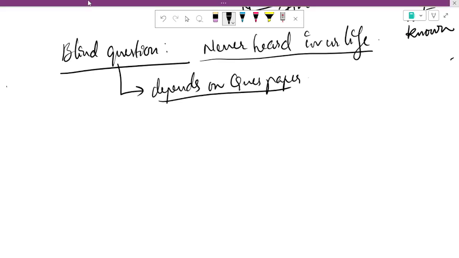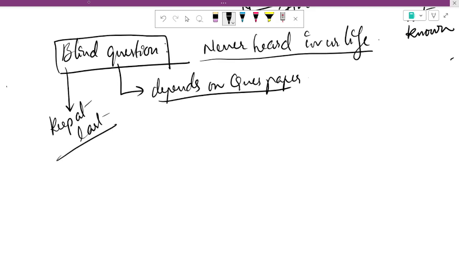And one more thing regarding blind questions: always keep them at last. Always. Some of the doctors, or some of the professionals, may say, no, you finish the blind questions, they might look like blind questions, but still you know the answer, it will be somewhere hidden in your mind. See, I will tell you one thing, beta.